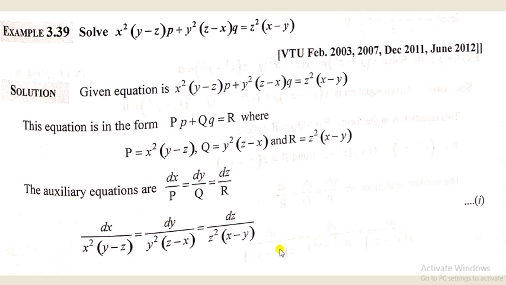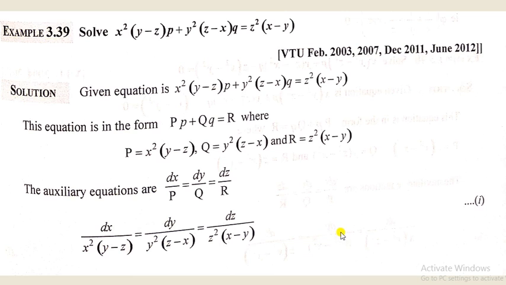Multiplier means you multiply by a suitable function or term such that the denominator becomes 0. I'll explain how to use the multipliers.